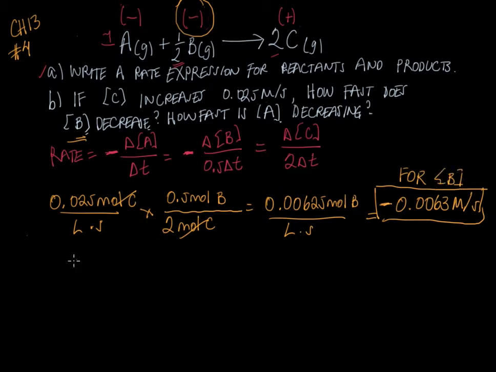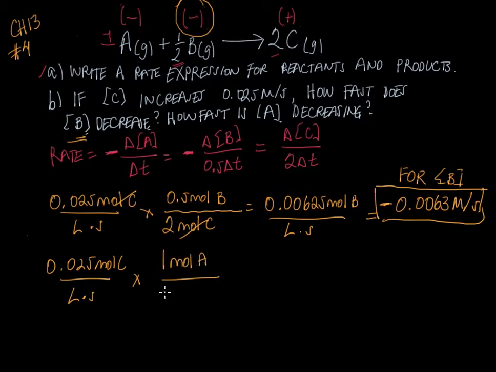Now we do the same thing for the other chemical involved in this reaction, A. So 0.025 moles of C per liter times second. Okay, and we use the coefficients to do the mole-to-mole conversion.